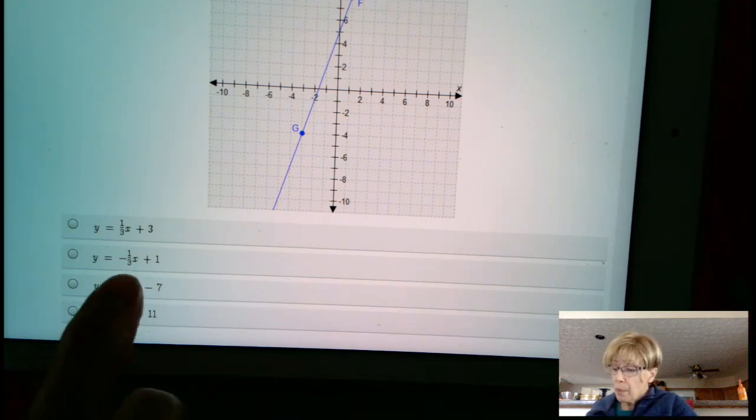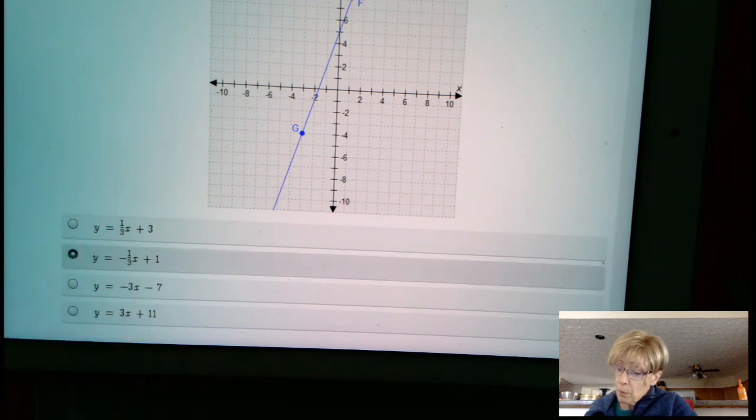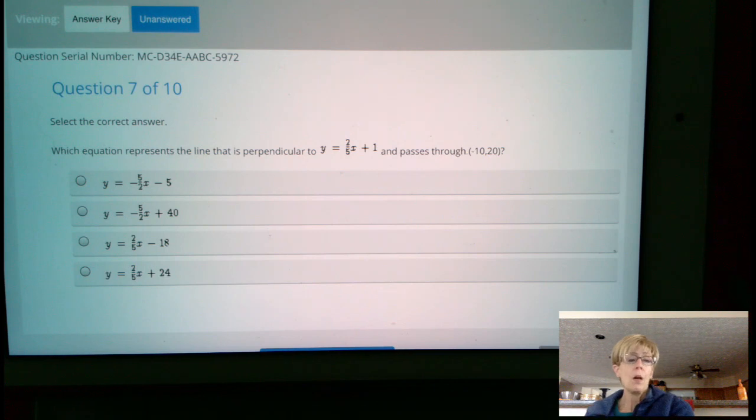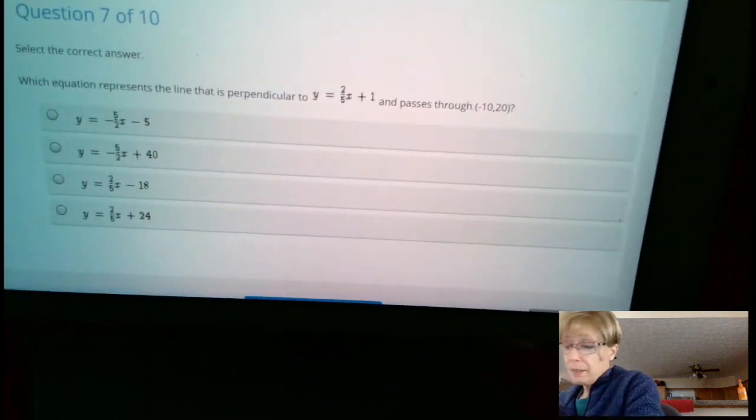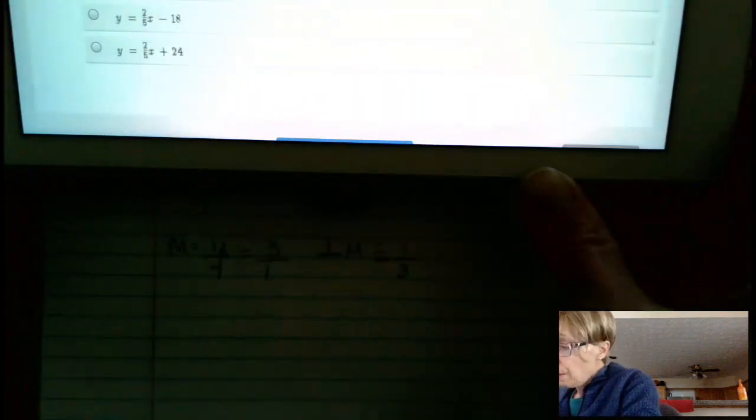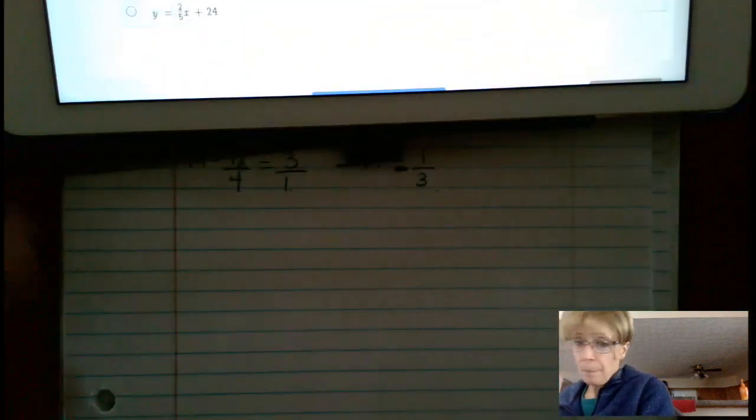Which equation represents the line that is perpendicular to y equals 2/5 x plus 1 and passes through the point (-10, 20)? Once again, what we need to identify here is, first of all, the slope of this line is 2/5.